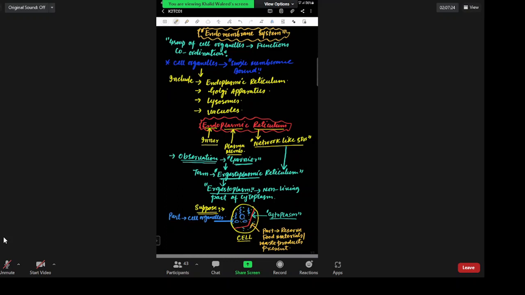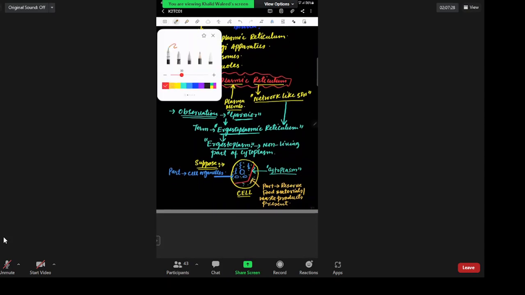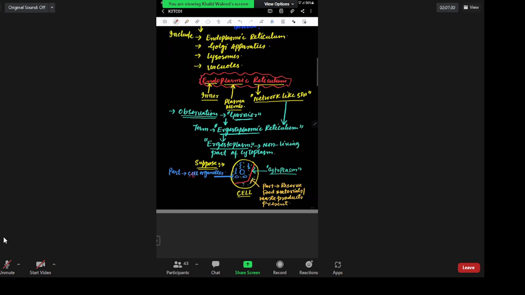Now, this part of cytoplasm where cell organelles are present, obviously here metabolic activities will occur. All of us know metabolic activities are the living reactions.